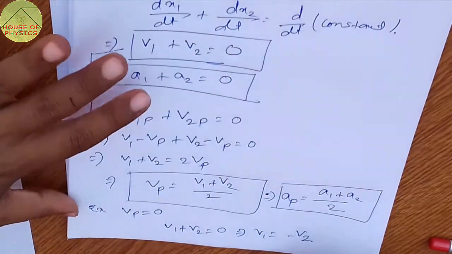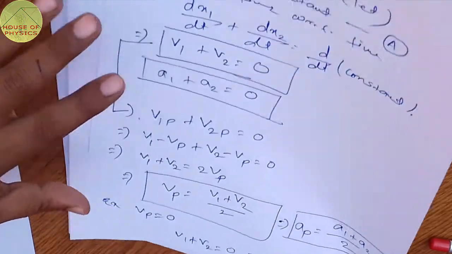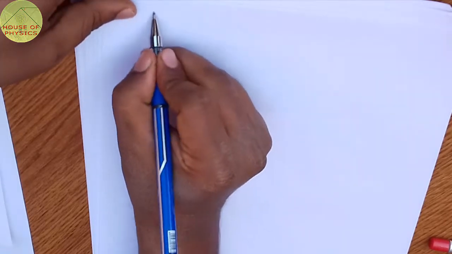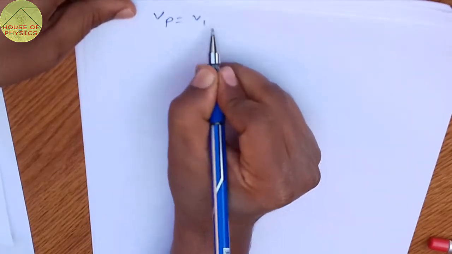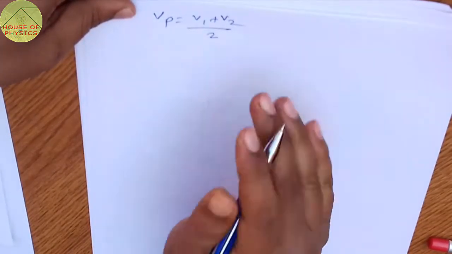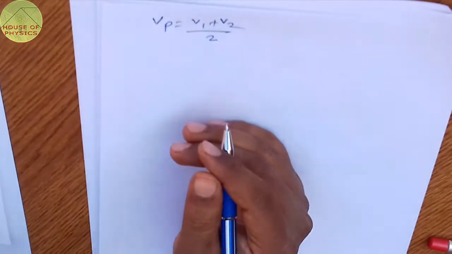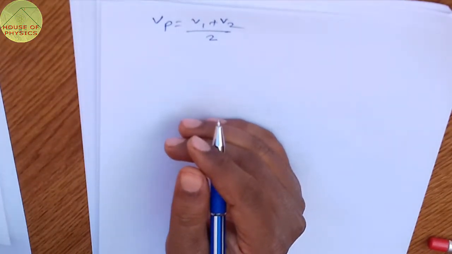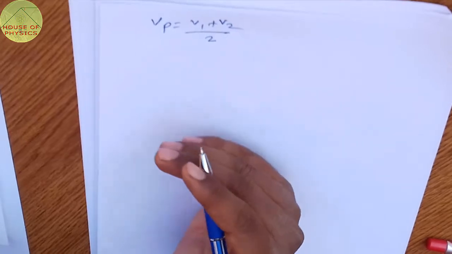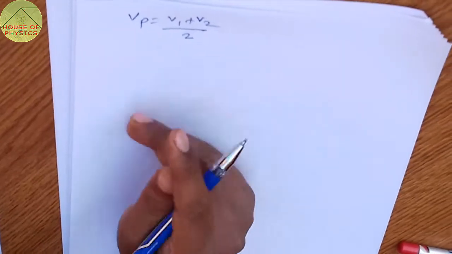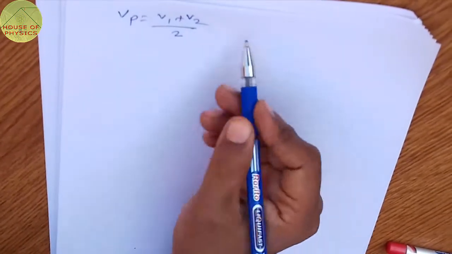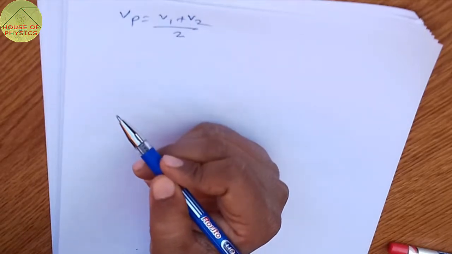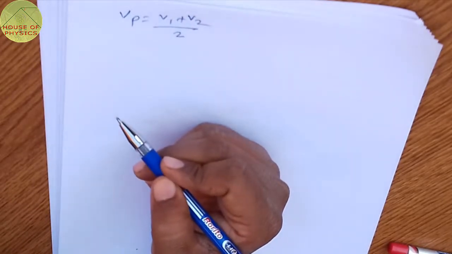A few points to be remembered: I am writing this again on the page, that the velocity of the pulley equals (V1 plus V2) by 2. This is very important to identify. One important point to remember is, whenever you are putting in the values of V1, V2 or Vp, out of the 3 parameters, 2 will be given and the third has to be found.